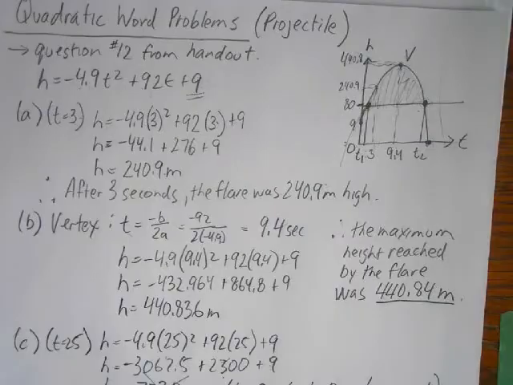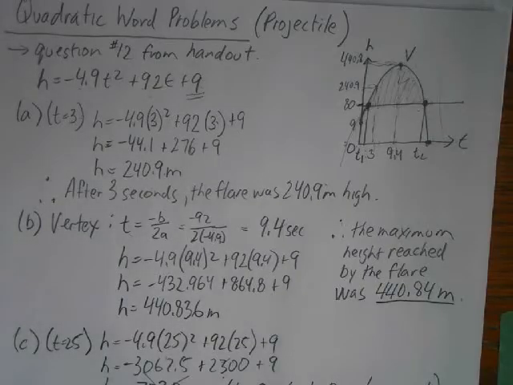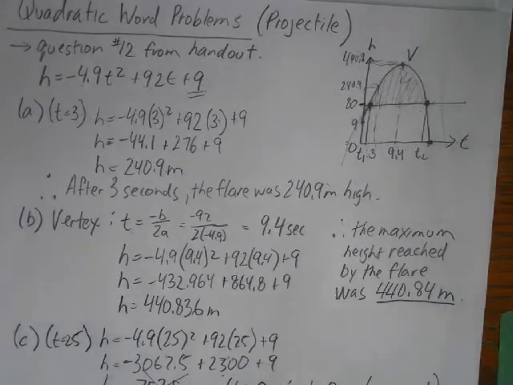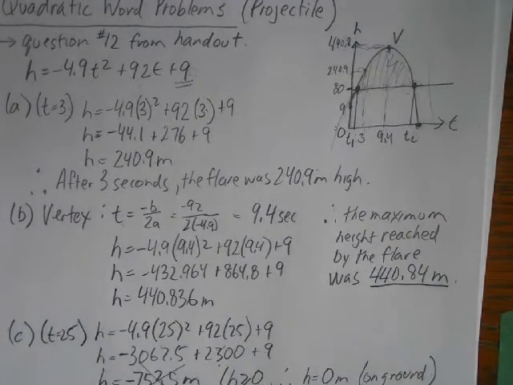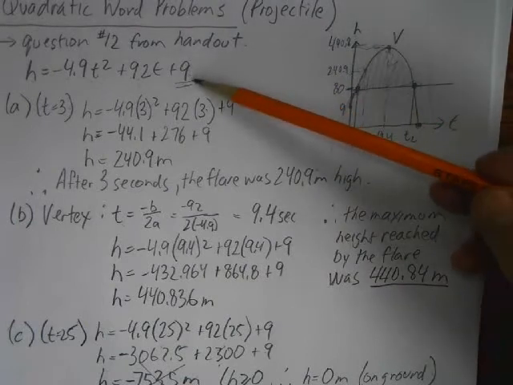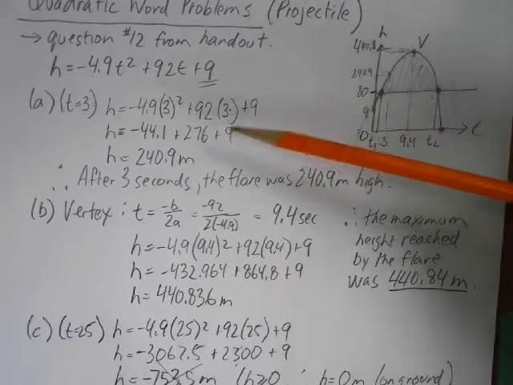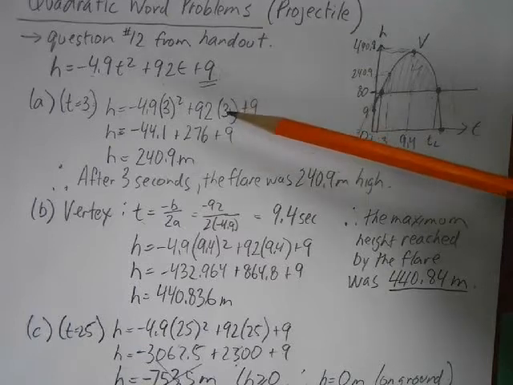Okay, so projectile questions, very important, but in terms of difficulty, they should be lower because, first of all, you get the equation given to you, and the types of questions that can be asked are fairly predictable.